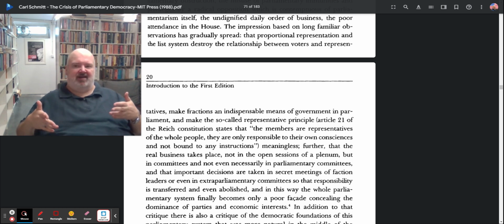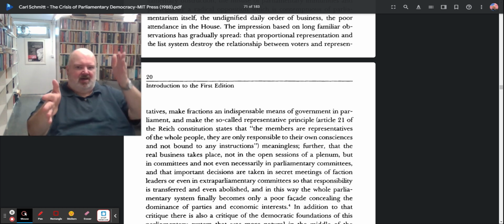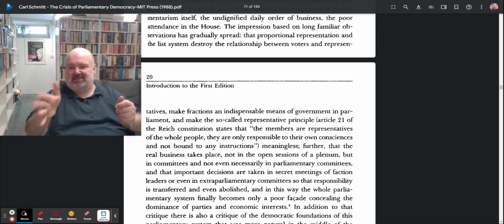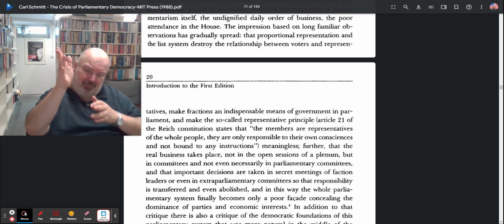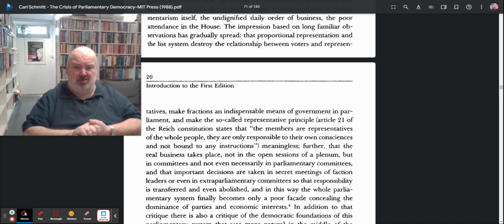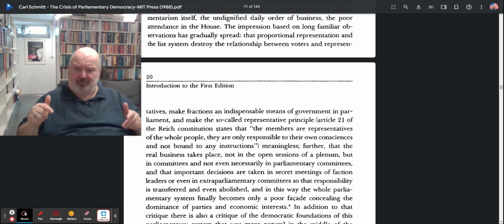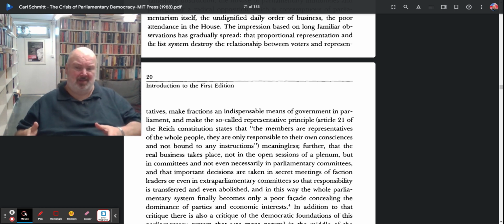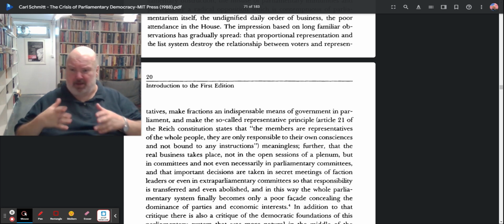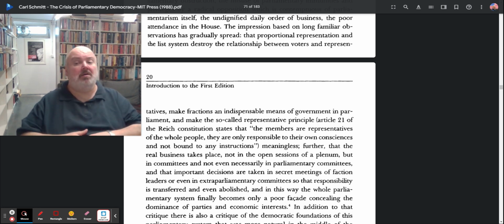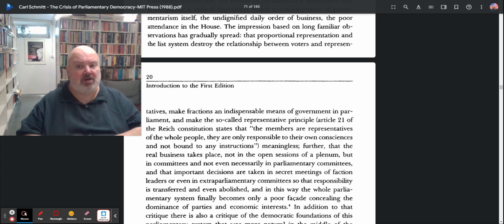You didn't have a list of candidates, you had a person against another person. Now, this person might be supported by a party, but the person is the candidate. You pick this person versus that person, and that representative is the representative of that community. So, single member district, not proportional, winner take all, first past the post.